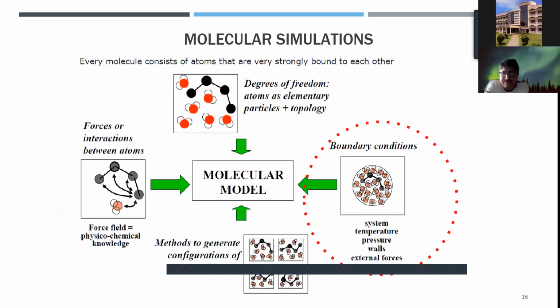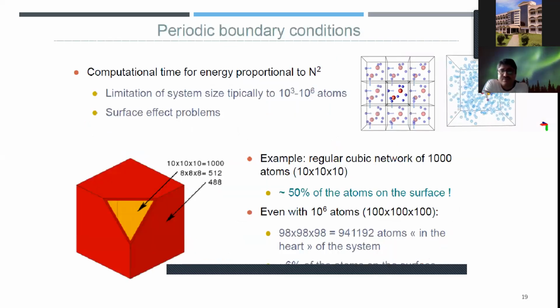Then once everything is set, we need to set the temperature, pressure, and other external forces. The important thing is periodic boundary condition. So what is periodic boundary condition? If we simulate the protein as a whole, some residues will be on the surface and some maybe inside the core.